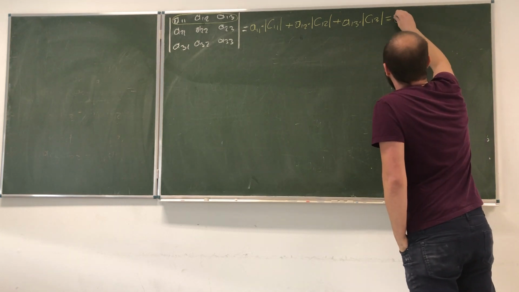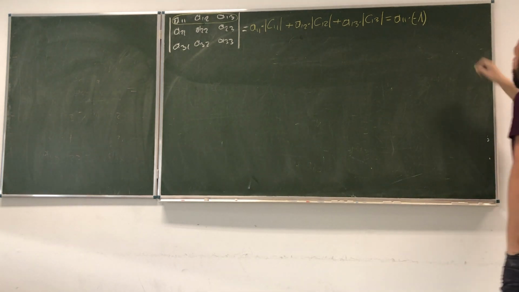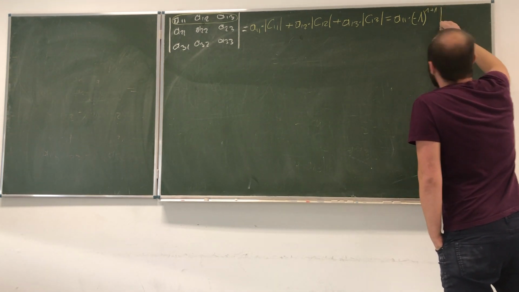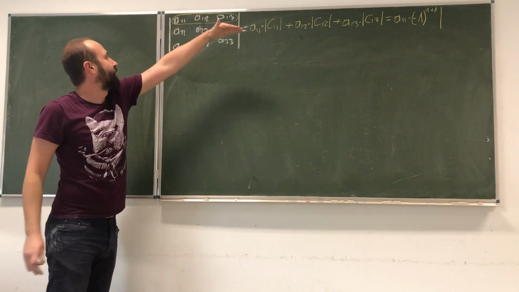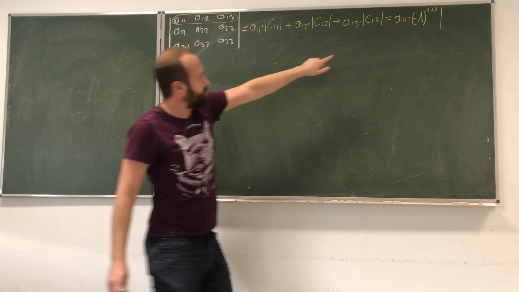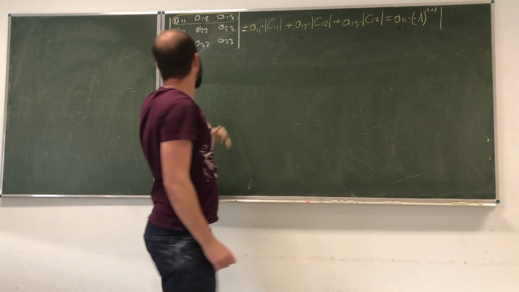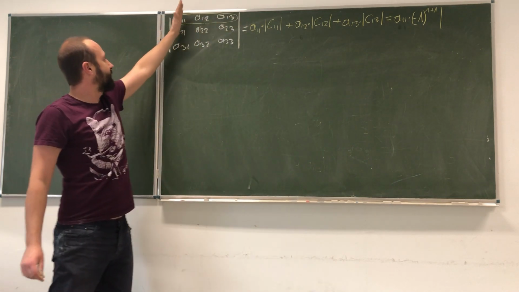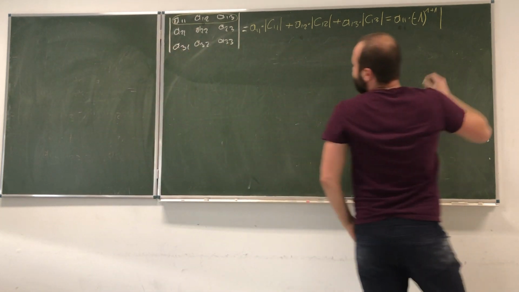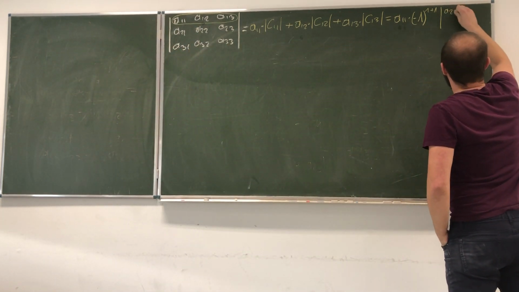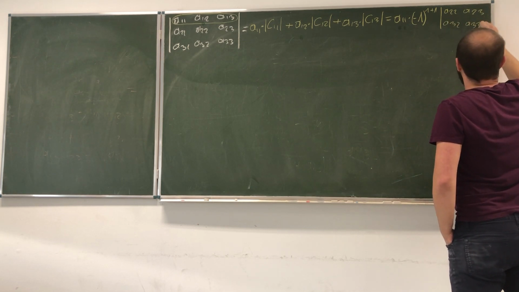Okay, so I get that this is A11 times negative 1 to the power 1 plus 1 times the minor. And the minor, because this element lies in the first row, first column, will be everything left if I delete those two. Okay, and this is A22, A23, A32, A33.